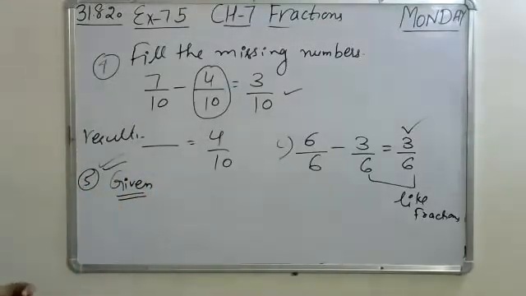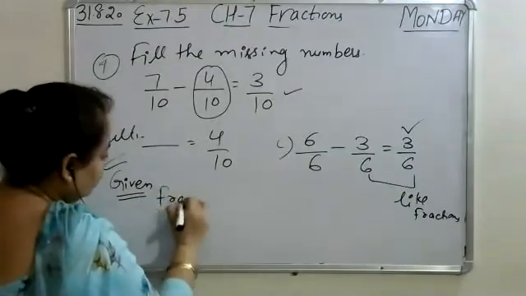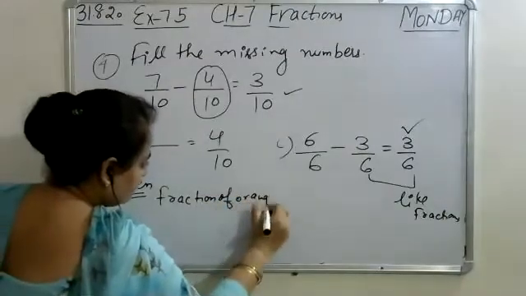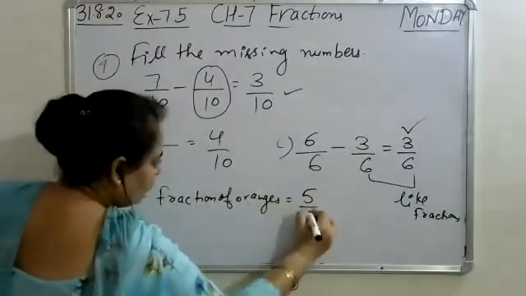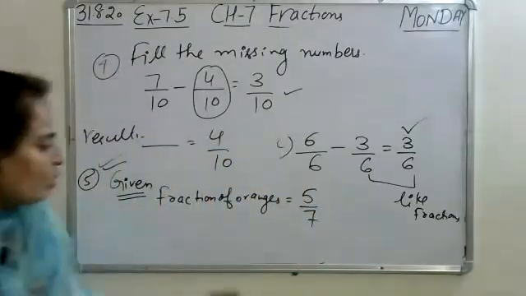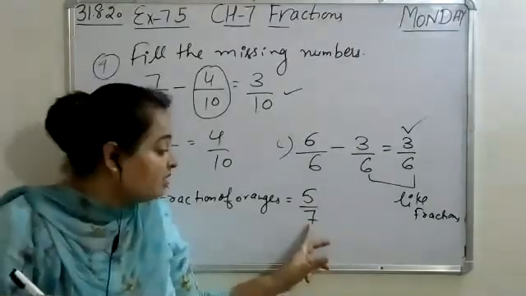Fraction of oranges given to you is equal to 5/7. Now, Harman, tell me what is the meaning of this 7 in the denominator?